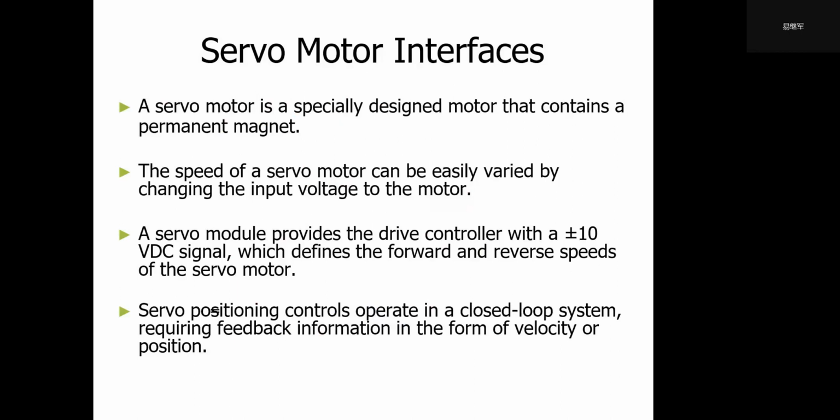Next, I will introduce the servo motor interface. A servo motor is a specially designed motor that contains a permanent magnet. The speed of a servo motor can be easily varied by changing the input voltage to the motor.